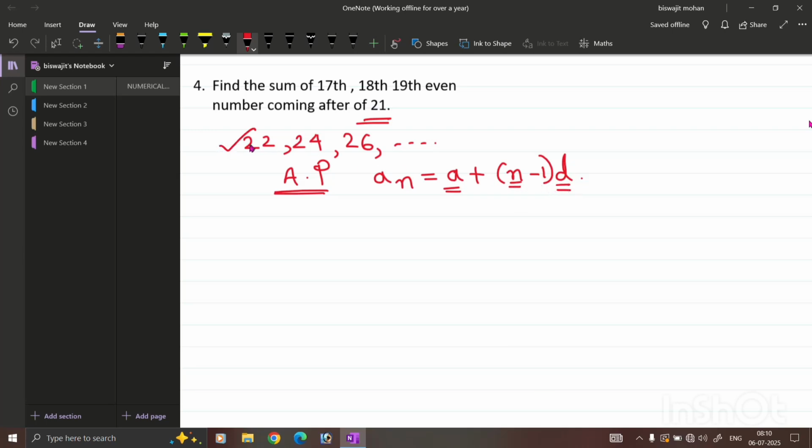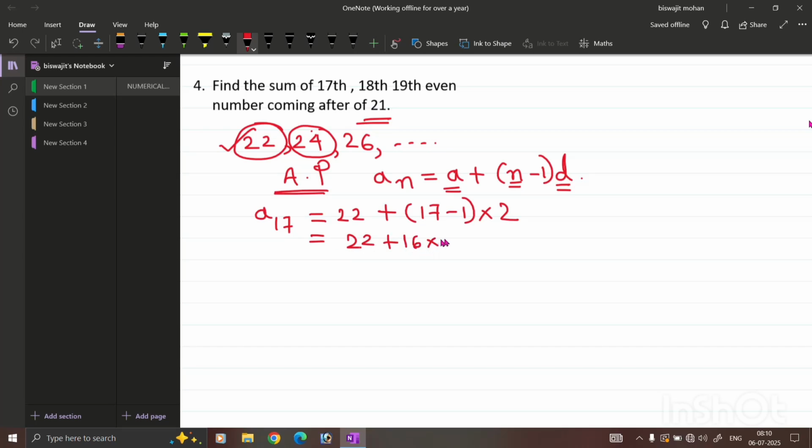So in this AP series, here we find the 17th term. Here a is equal to 22, n is equal to 17, so n minus 1, and d is the common difference. What is the difference between 24 and 22? It is 2. So doing the calculation, we get 22 plus 16 into 2, yes, 22 plus 32, and it is equal to 54.